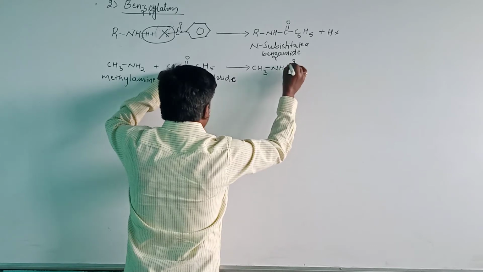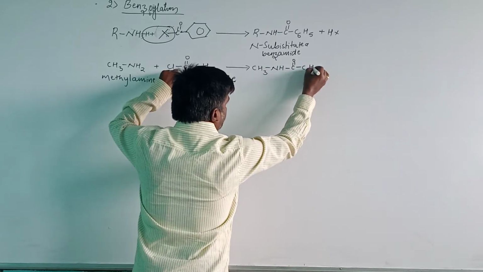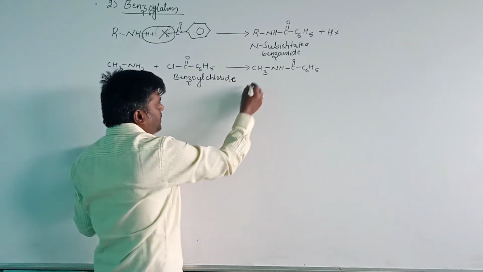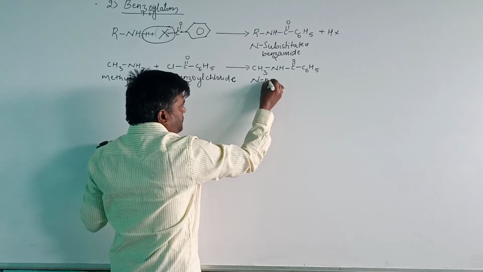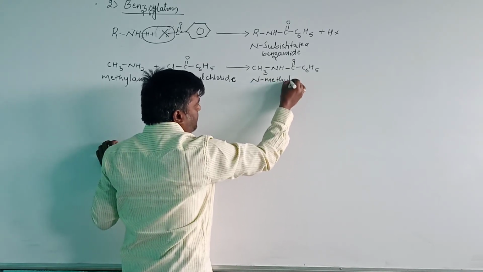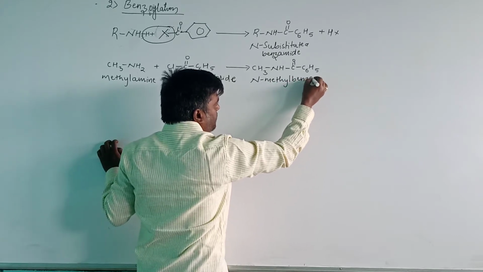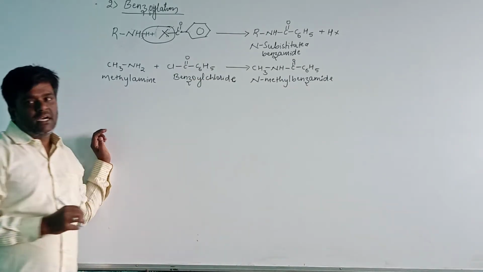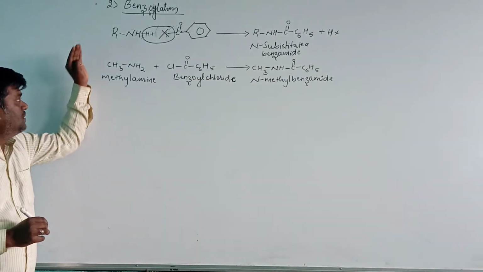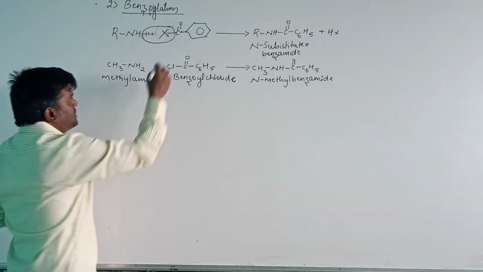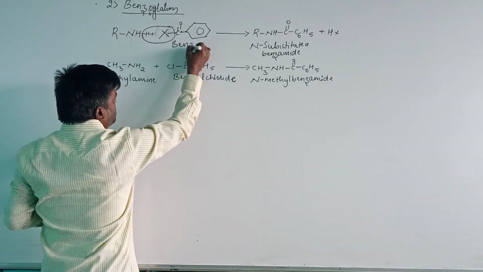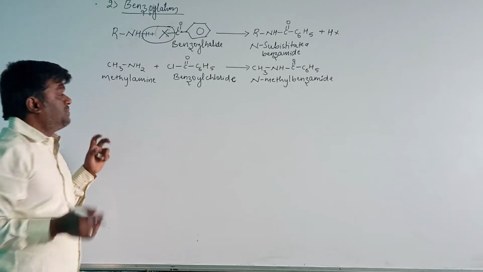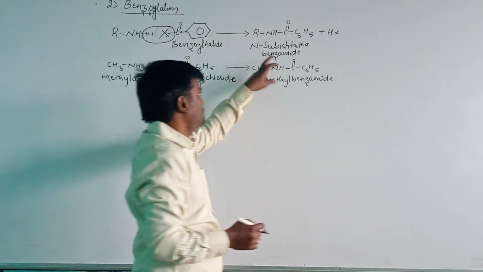The benzoyl group is C double bond O, C6H5. The substituent group is N-methyl, therefore the name for this compound is N-methyl benzamide. When amines react with benzoyl halides in the presence of the catalyst pyridine, they give the N-substituted benzamide.